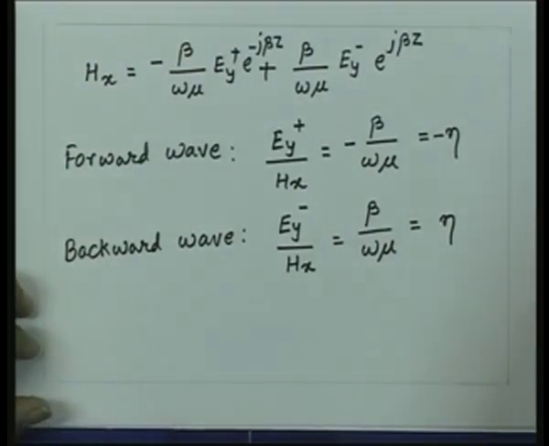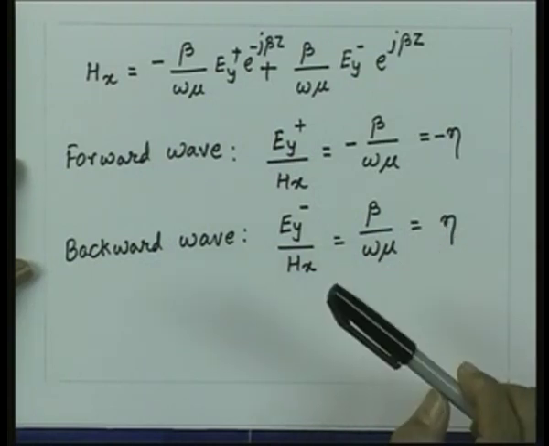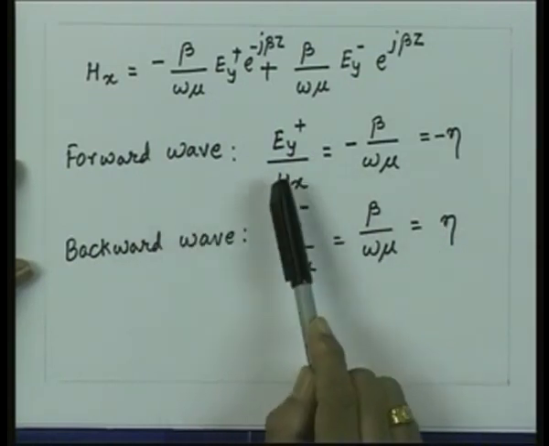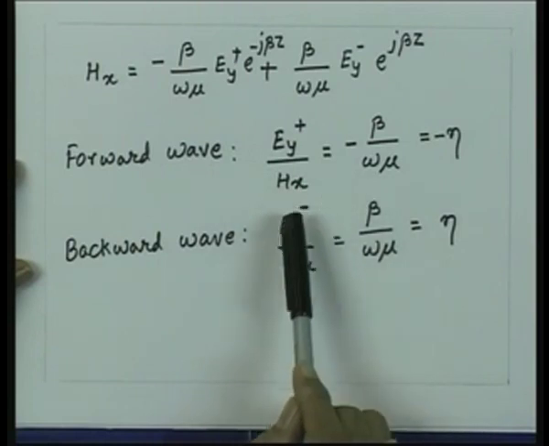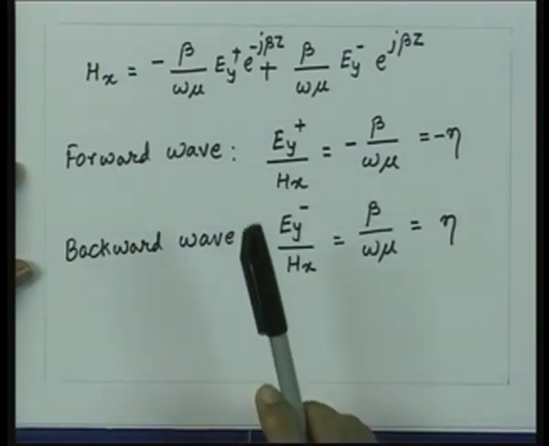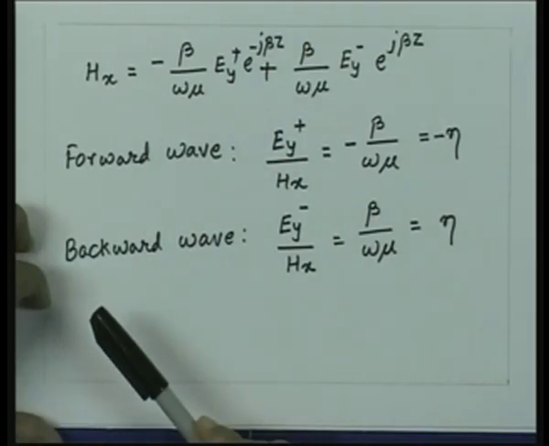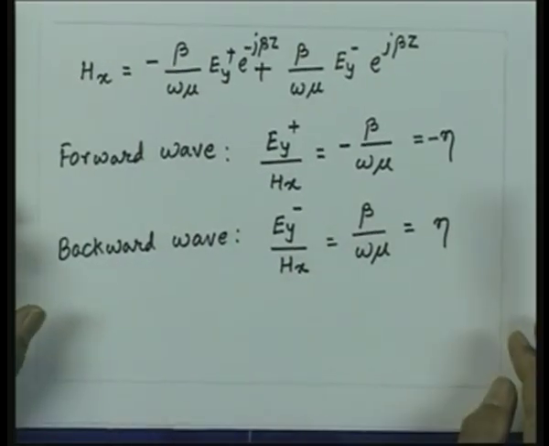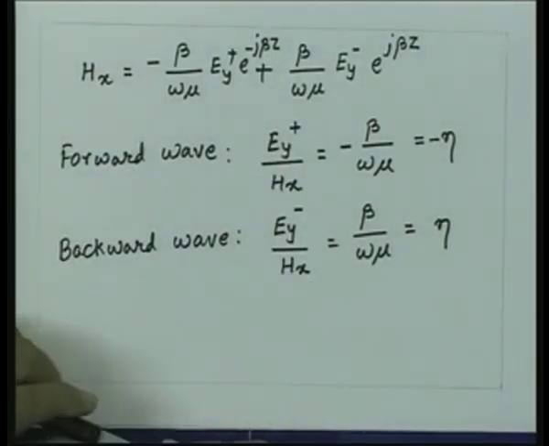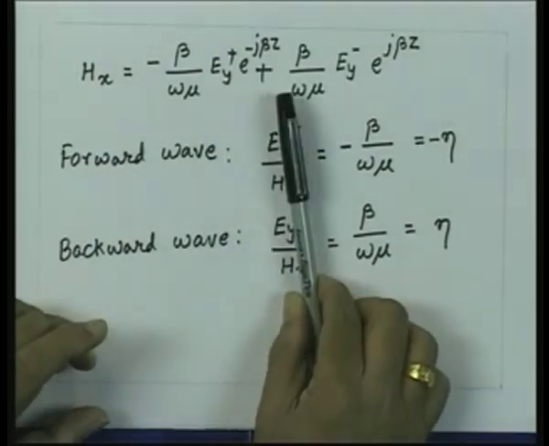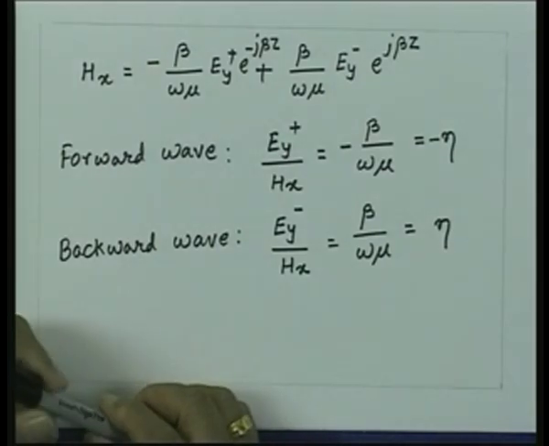So, for the forward travelling wave, if I had taken earlier where the electric field was x component and the magnetic field was y component, this quantity was plus eta. Whereas, if I take the electric component as y and the magnetic field component as x, then the ratio of this is negative eta. So, earlier when the quantities were scalar for transmission line, the direction of these quantities were not coming into picture.